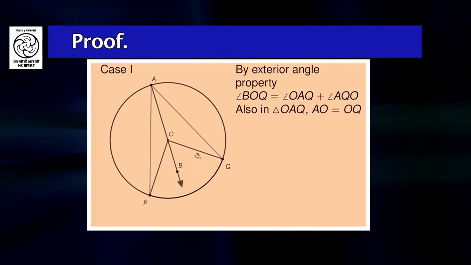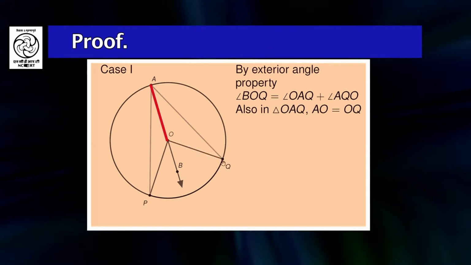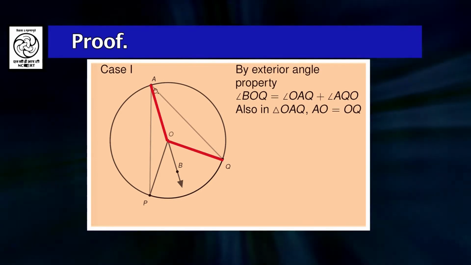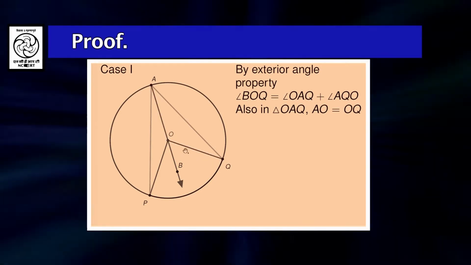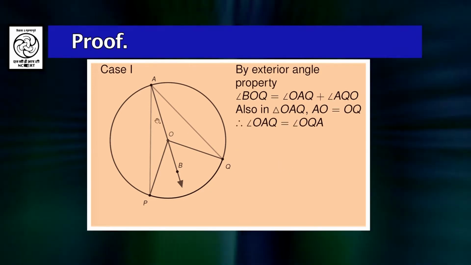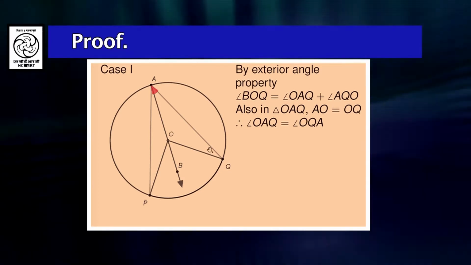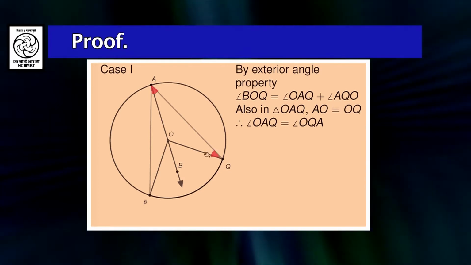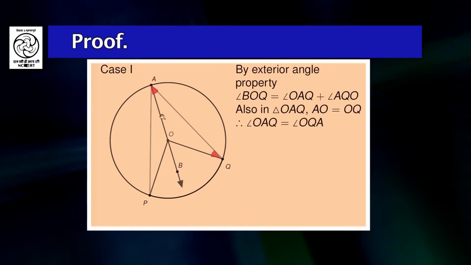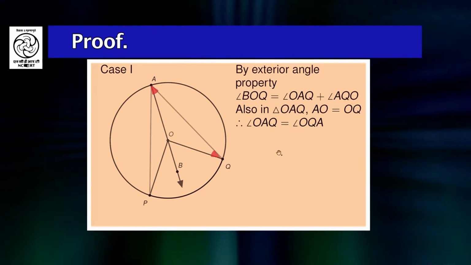Also, in triangle OAQ, AO and OQ are equal because they are radii of the same circle, and hence angle OAQ is equal to angle OQA, because in a triangle, angles opposite to equal sides are equal.